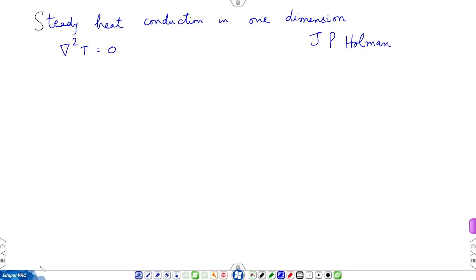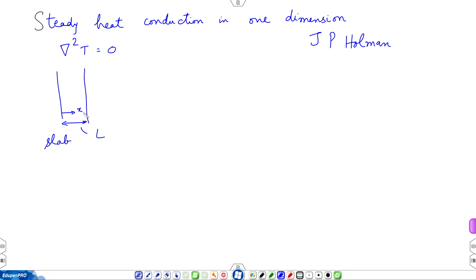So, a typical geometry we study in 1D is a slab of some thickness L. Usually we set up the coordinate system to go from the left plane to the right plane.